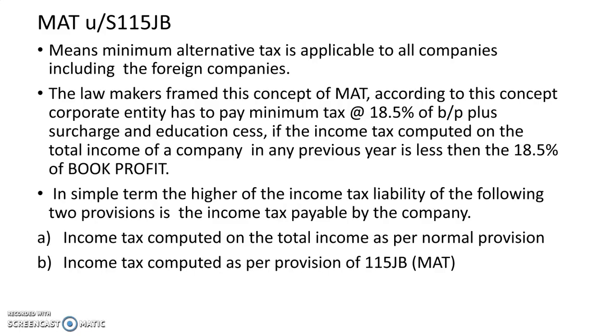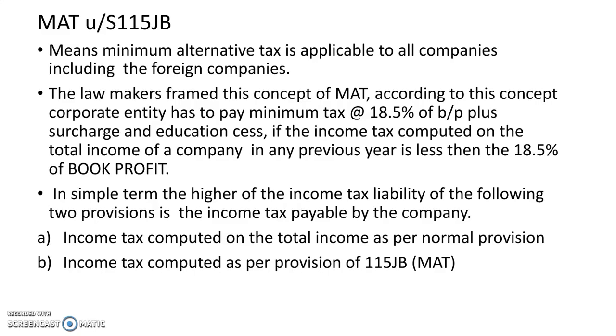The lawmakers framed this concept, according to which all corporate entities have to pay minimum tax at the rate of 18.5% of their book profit plus surcharge and education cess, if the income tax computed on the total income of a company in any previous year is less than 18.5% of the book profit.